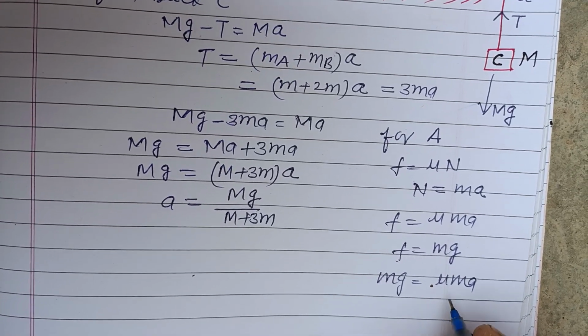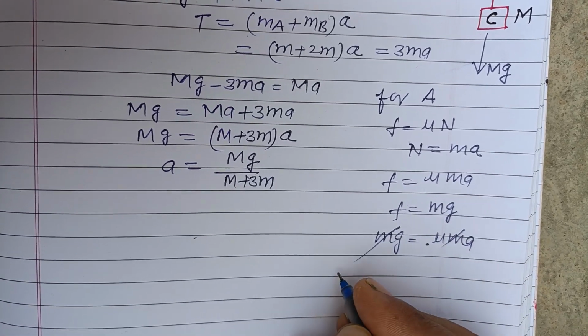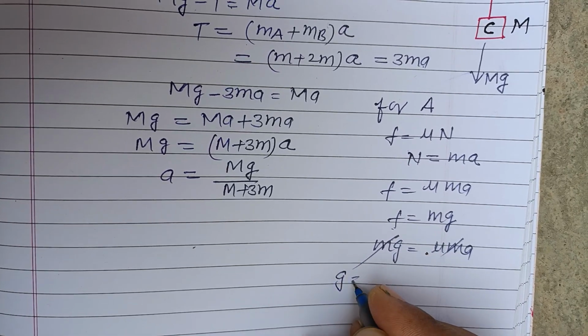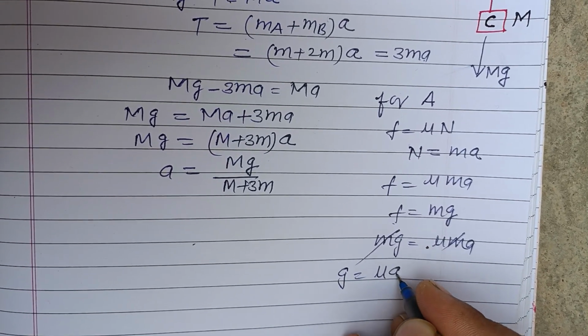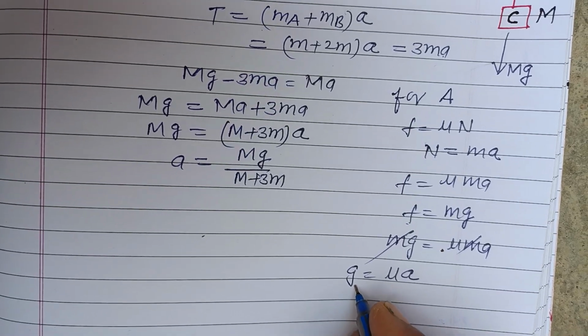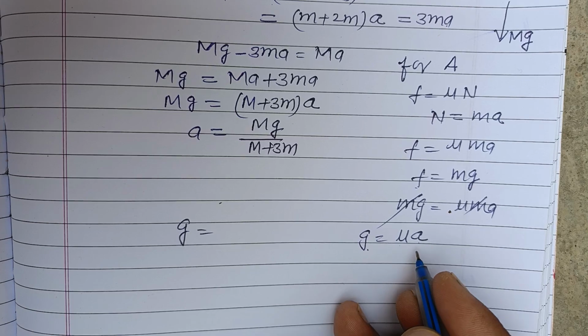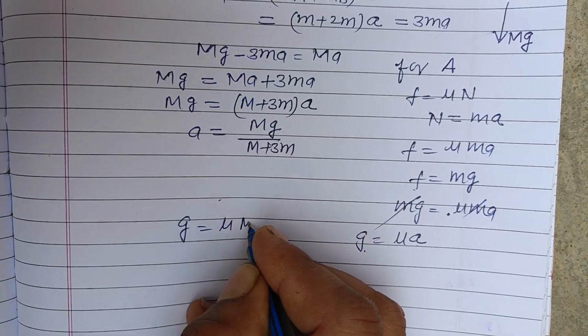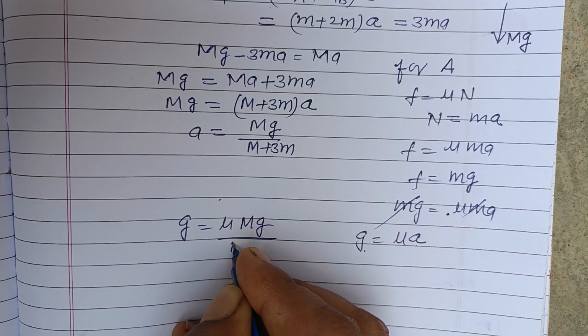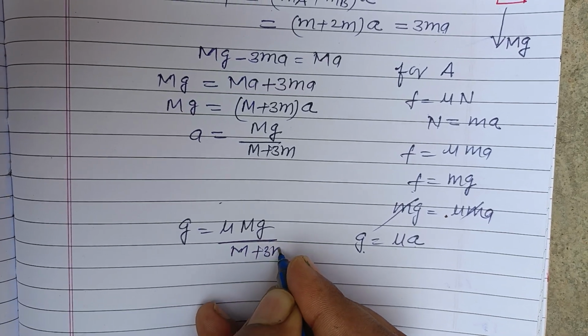So here m cancels, g equals mu into a, and now putting this value of a, g equals mu into a, which is capital Mg upon capital M plus 3m.